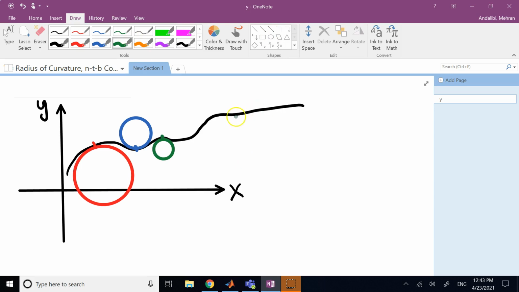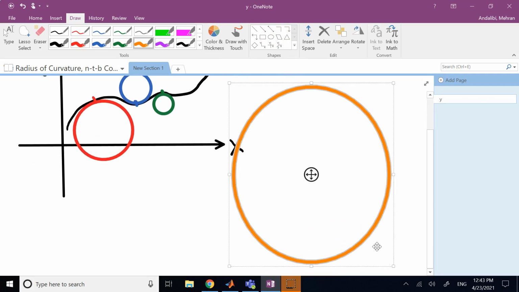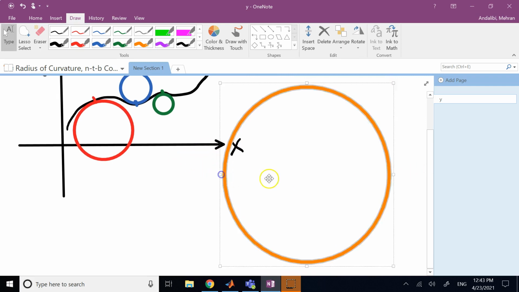Okay, on the other hand, the more your path resembles a straight line, the tangent circle gets what? Bigger and bigger. So here, this is almost close to a line, so the tangent circle here is going to be really big, and the reason for that is there is really no curvature.